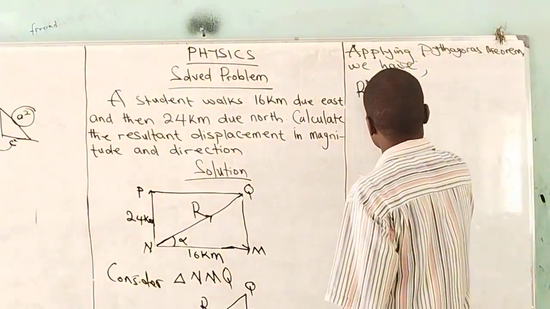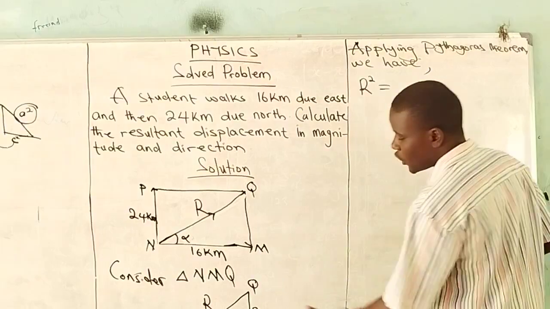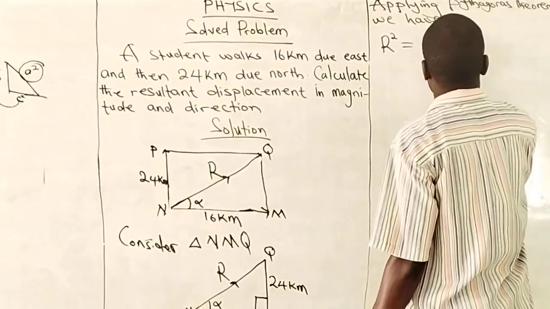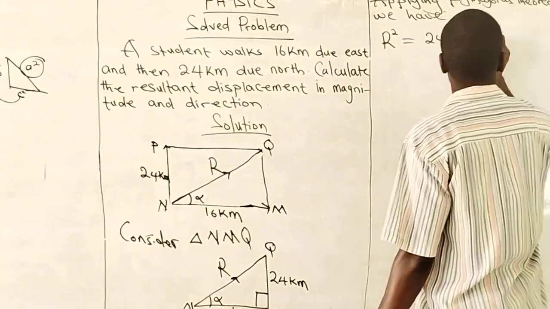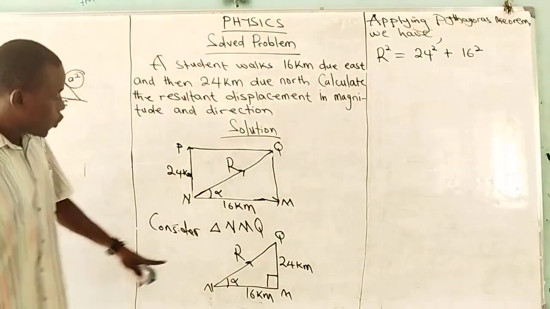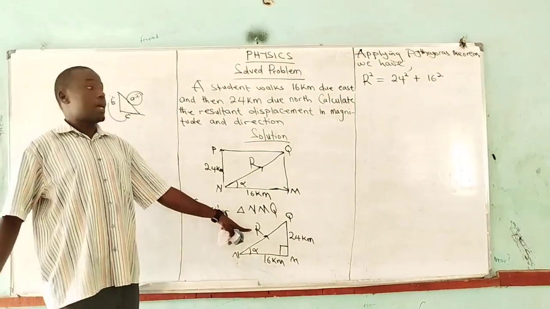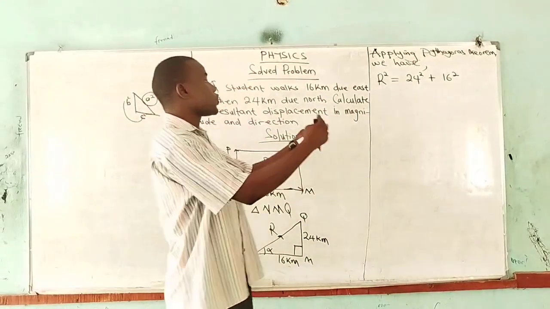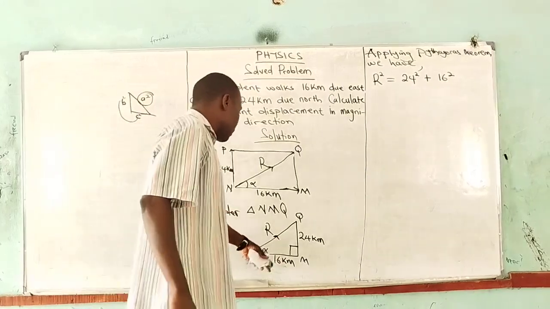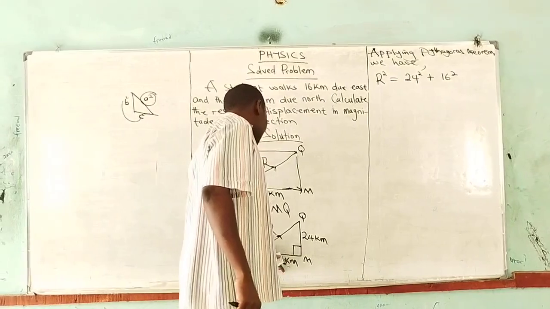The square of the hypotenuse, R square, is equal to the sum of the squares of the other two sides. What do we have here? 24 square plus 16 square. You see, the square of the hypotenuse, that is R square, is equal to the sum of the squares of the other two sides. We square each side, then add them.